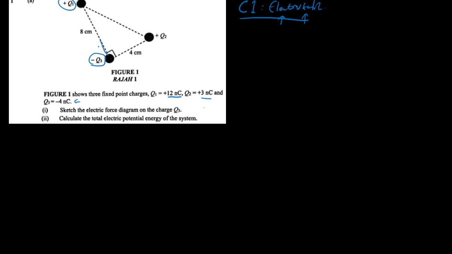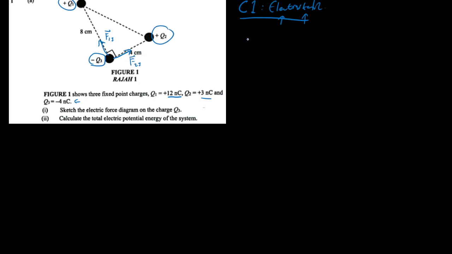So we can immediately draw a force diagram between 1 and 3, that's F 1 on 3, with Q3 being pulled towards Q1. Again, Q2 is positive and Q3 is negative, so again it's going to be an attractive force. I'm going to have F 2 on 3.